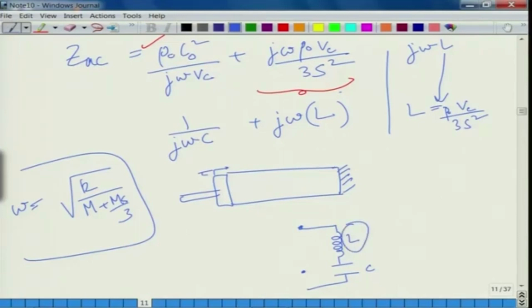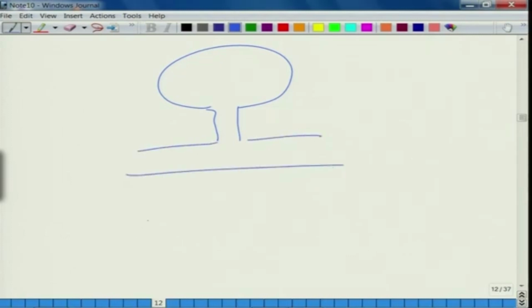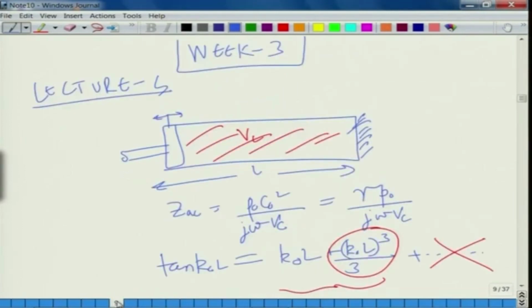This is of course a correction to this term. And if we recall our discussion for the Helmholtz resonator, which was a big irregular cavity, exactly the same thing is going on. Your basic behavior is that of inertance j omega L, and for this one it is 1 by j omega C, so both of them add up. So, net impedance, like what we discussed in the last class, let me go to the slide.